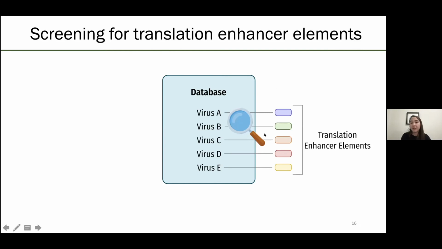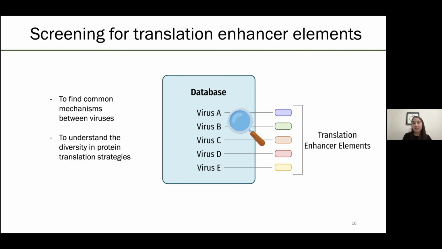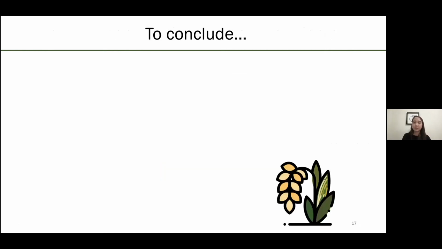And by finding these translation enhancer elements, our goals are to find common mechanisms between viruses that would allow us, for example, to design broad spectrum antiviral compounds or antiviral strategies that would allow us to target multiple viruses at the same time, but also to understand the diversity in protein translation strategies, because we keep learning that viruses are the perfect model to understand, again, how general translation works.